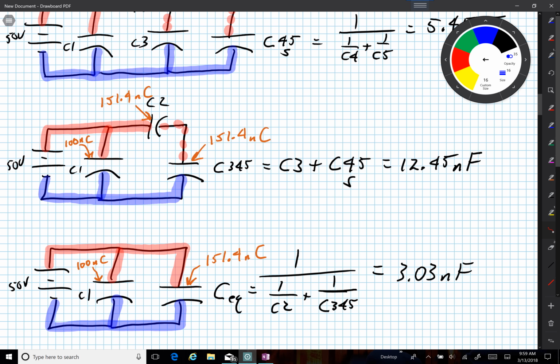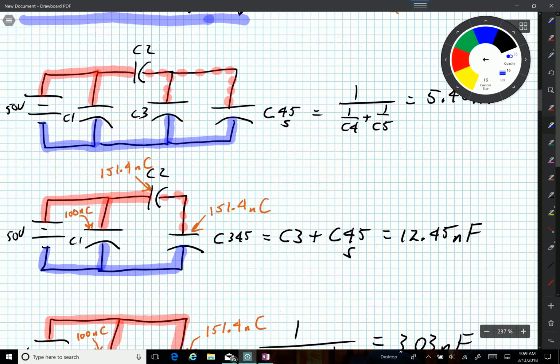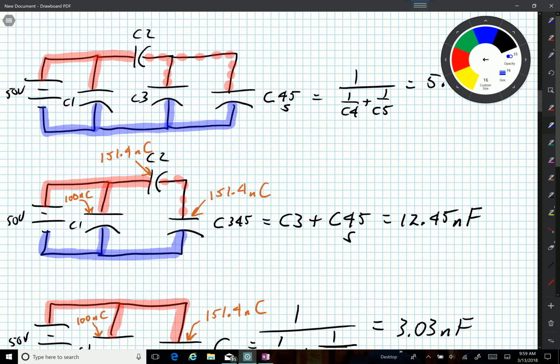So let's make that equation. C345, how about if I make that blue? C345 is 151.4 nanocoulombs over, and what V is this?